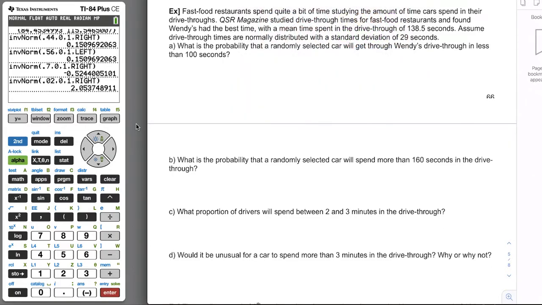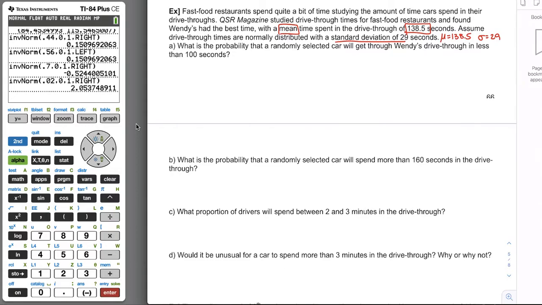We have a mean, 138.5, so I'm going to write that down. And I have a standard deviation right here. We will need to use those parameters to find all of the answers in this question.